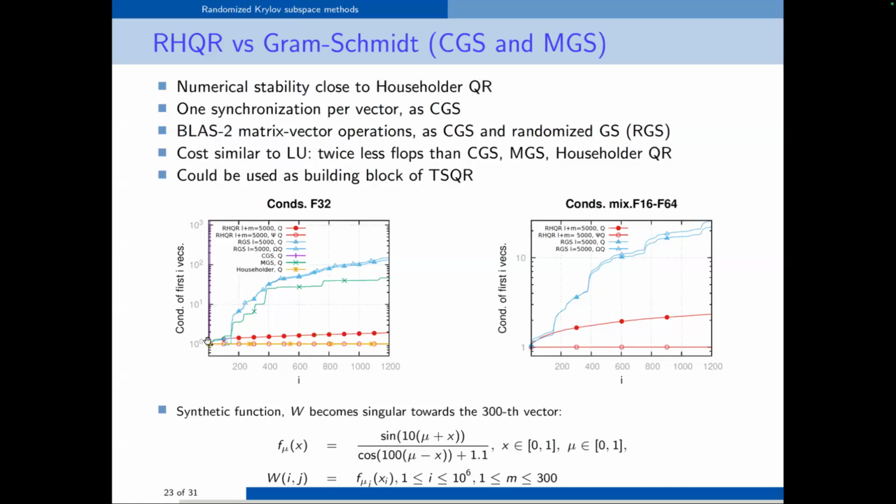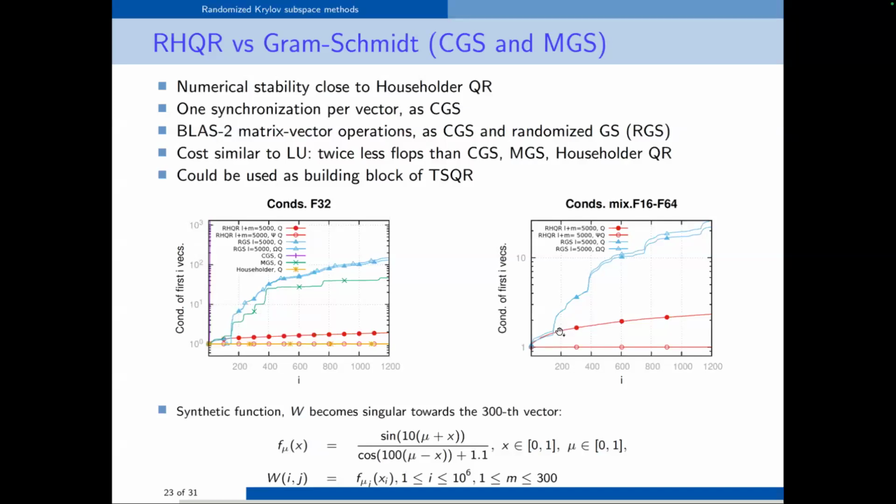If you use classical Gram-Schmidt, then the condition number of the basis will explode. If you use modified Gram-Schmidt, the condition number will increase, but will remain reasonably low. While if you use randomized Gram-Schmidt, the condition number remains very low. And with randomized Householder QR, it remains really around 2 or 3. So it remains very well conditioned.